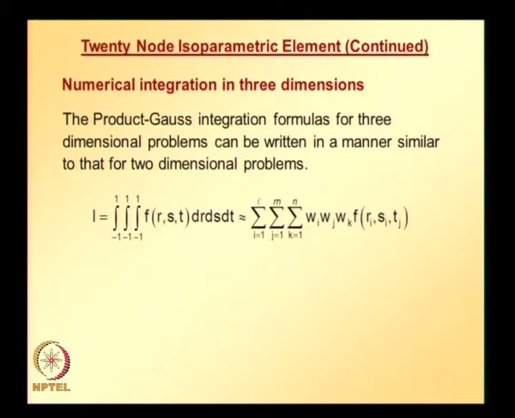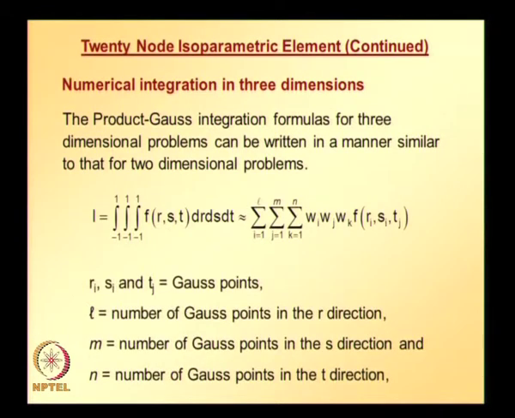Product Gauss integration formulas for 3 dimensions can be written in a manner similar to that for 2 dimensions, and so each component of the element stiffness matrix can be evaluated using this formula, where definitions of various quantities are given.